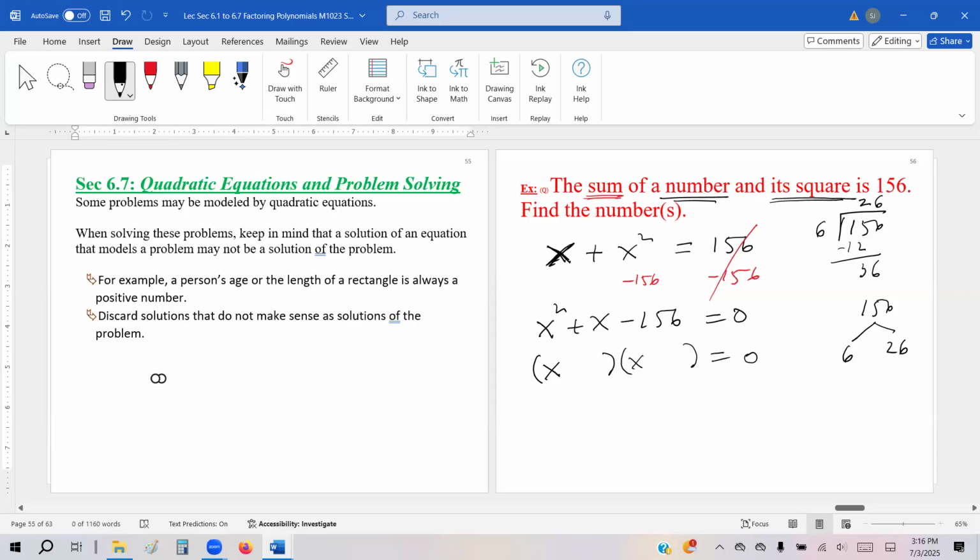Now, let's see, 26 is the bigger one. When you say 26, which two numbers come to your mind? Which two numbers multiply to 26? 7 times 8 is 56. Which two numbers multiply to 26? 2 and 13.